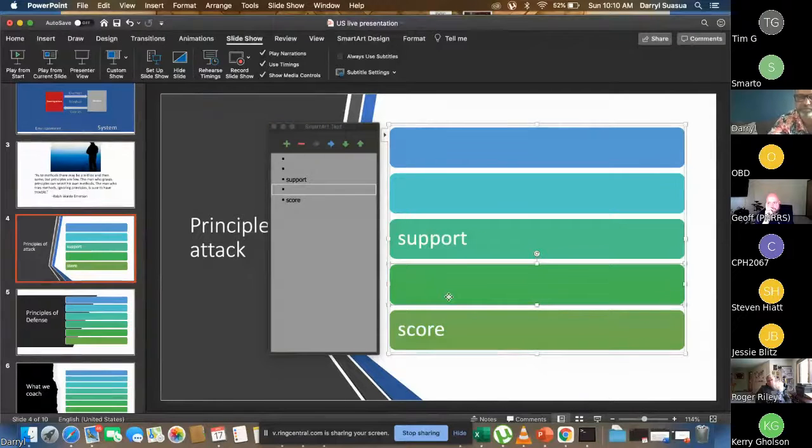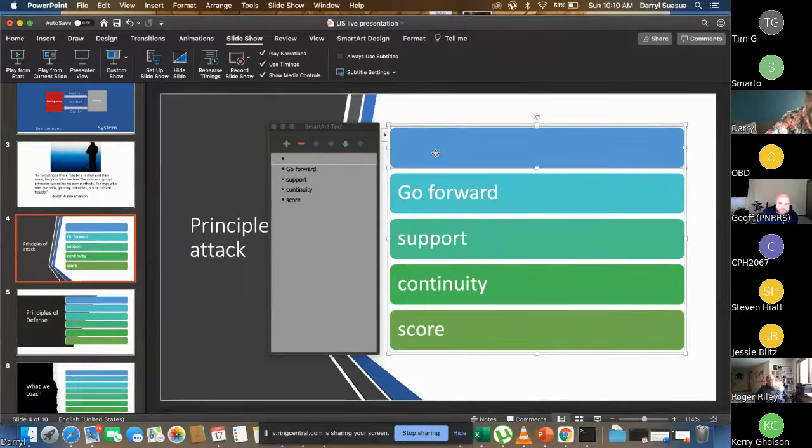Cool. Nice. Someone said go forward up here. Overlap. Overlap. Yep. I would say probably come into support. Okay. And I'm just going to add this one here. Game position.